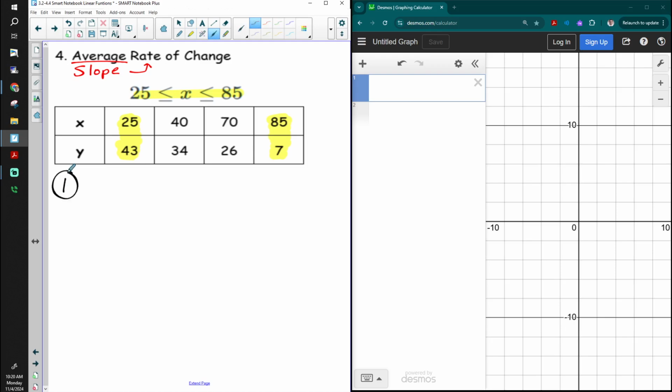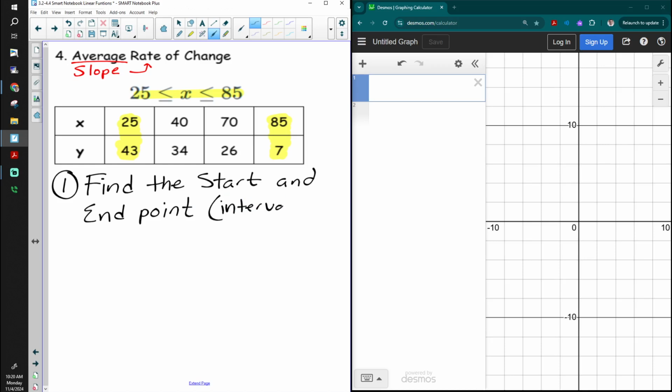My first step is to determine or find the start and end point. This is called your interval. And it's right there.